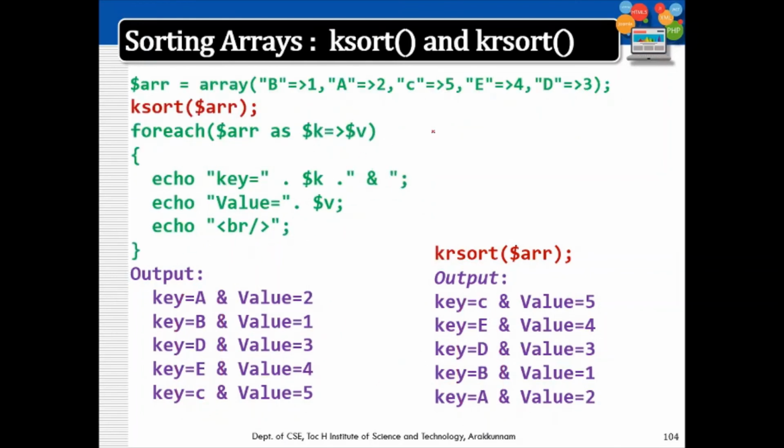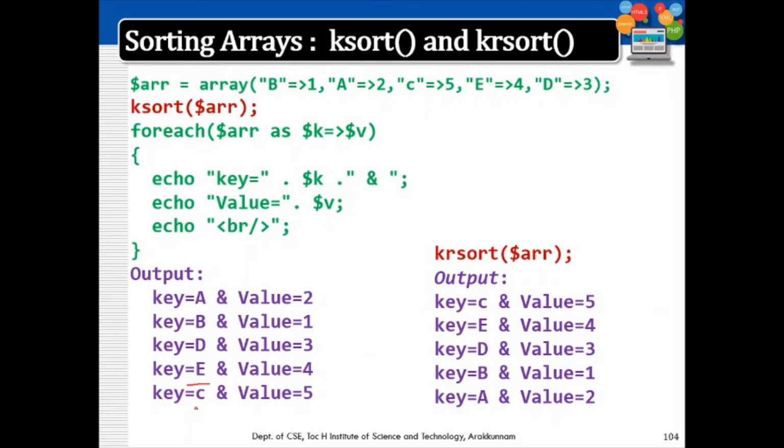In case of ksort, the sorting will be done based on the keys. You can see the difference. A, B, C. The small c is different, so that will be sorted to the last. A, B, D, E, capital letters. This is according to the ASCII preference.